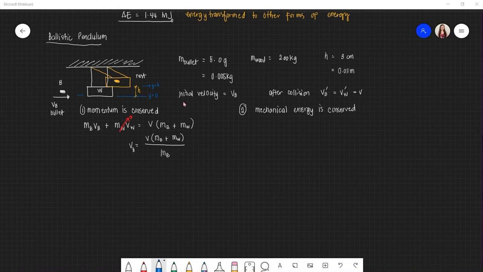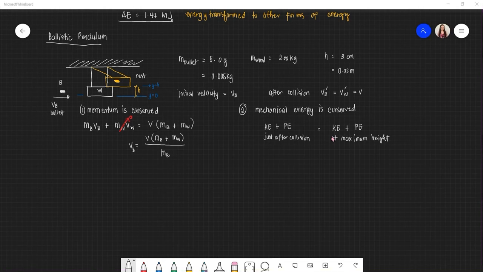So when the pendulum projectile system reaches the maximum height, the total mechanical energy, which is the kinetic energy plus the potential energy just after the collision, is equal to the kinetic energy plus the potential energy at the maximum height.